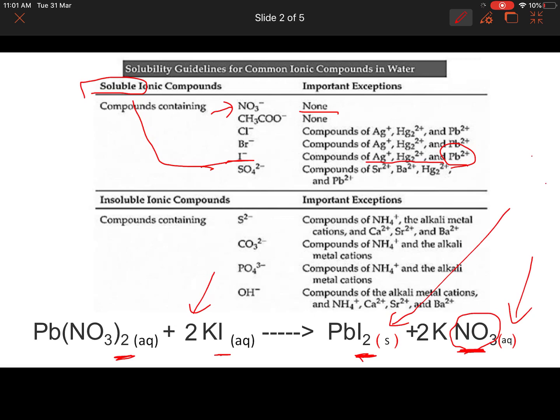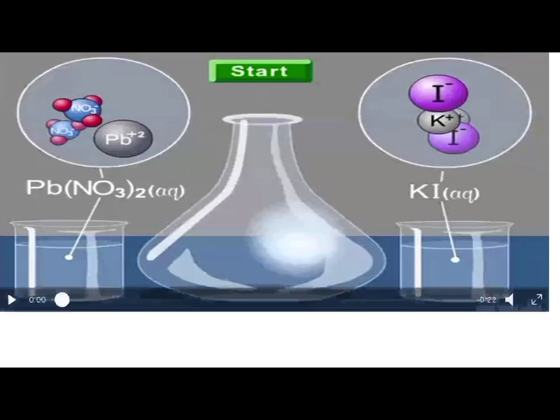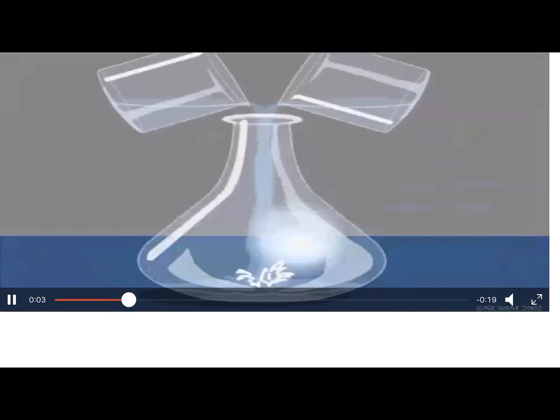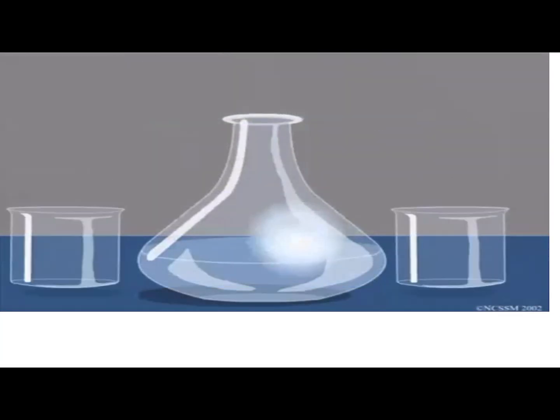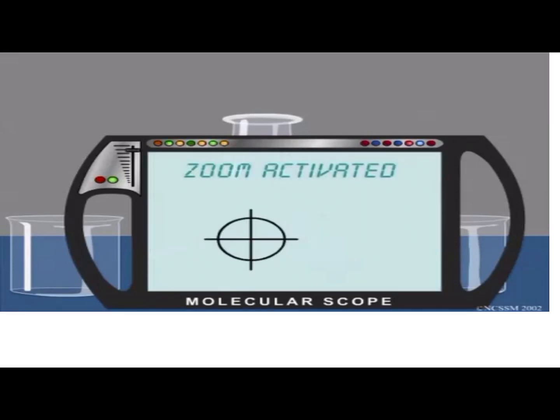Now, the second step, we have to write the complete ionic equation. We have those two reactants at the beginning, lead nitrate and potassium iodide. When we mix them together, let's zoom in and show the molecular scope, how they are found in the solution before they react with each other.